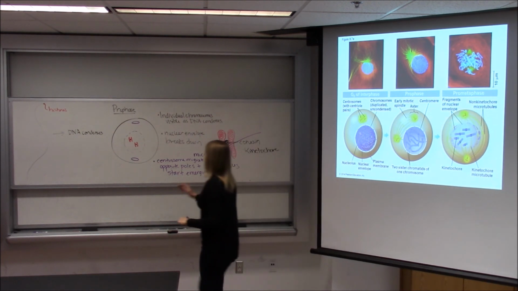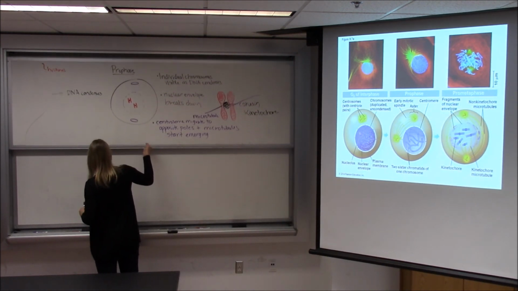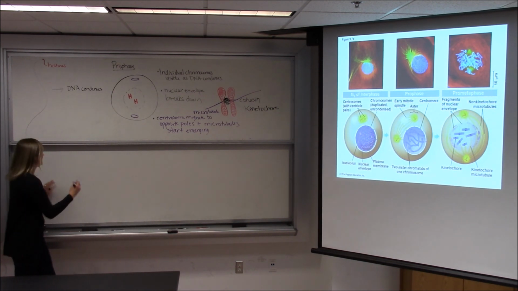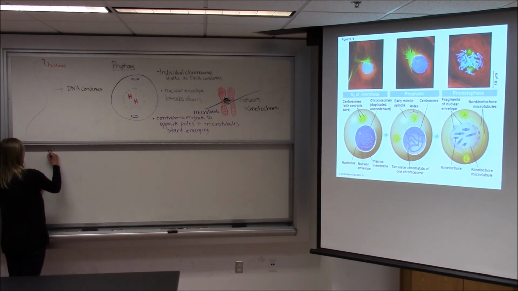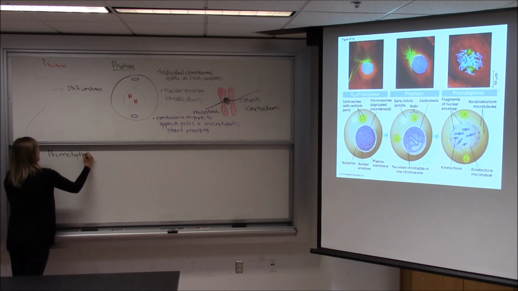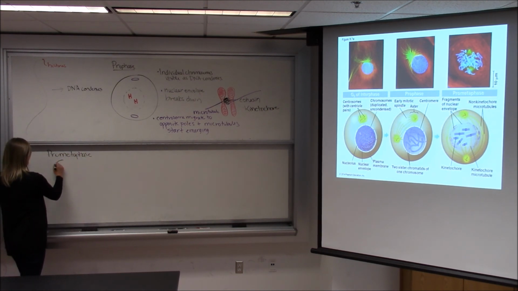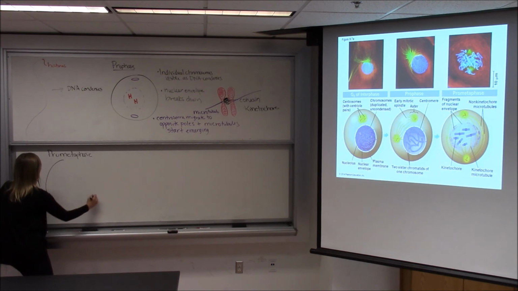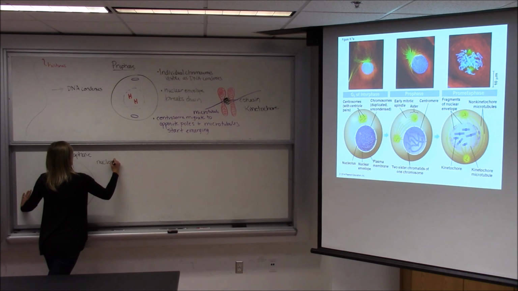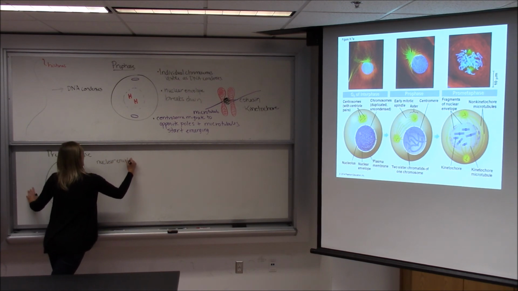So let's see what that would look like. As we enter prometaphase, the second stage of mitosis between prophase and metaphase, the nuclear envelope has disappeared. So nuclear envelope gone.